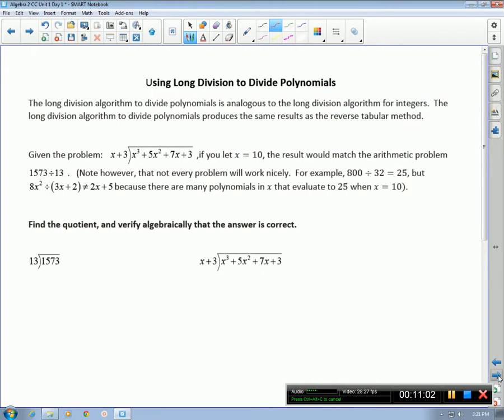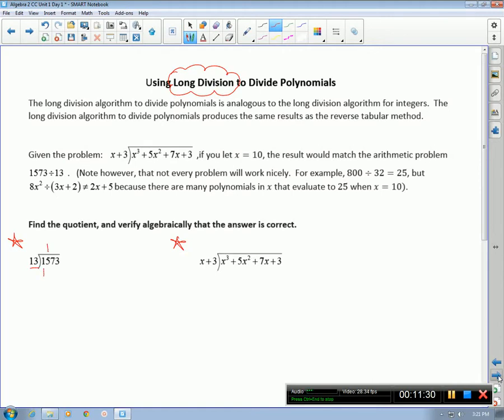Okay, so we tried the tabular method. Now we're going to divide using long division. So the long division algorithm for polynomials is very much like the long division algorithm for numbers. We're going to take 13 and see how many times it goes into 15. That's once.